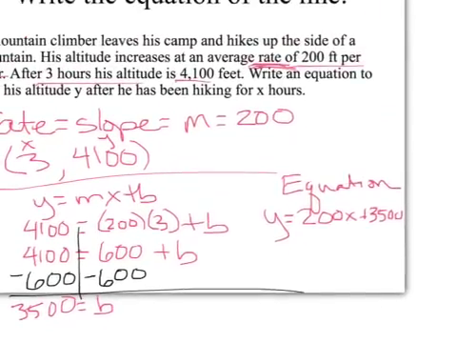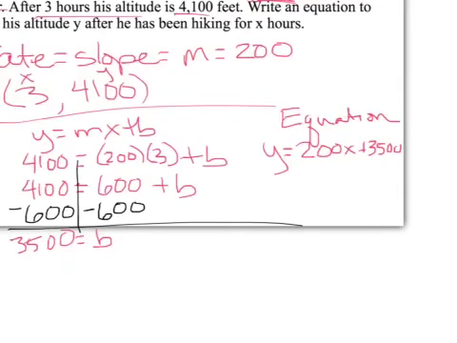So if you think about this graphically, I want to look at this a little bit deeper. Let's say this is 3,500. 3,500 is my b. For every change in 1 hour, I go up 200.